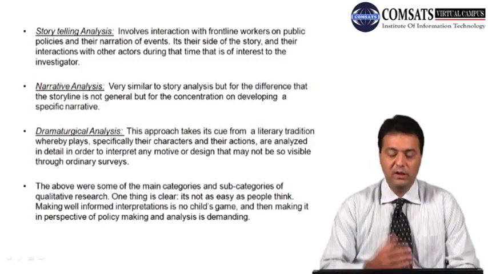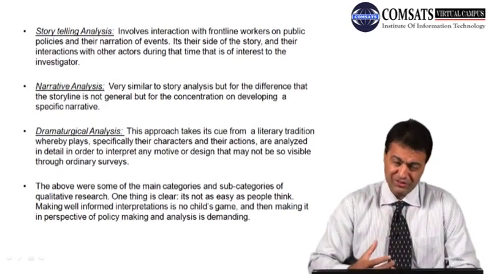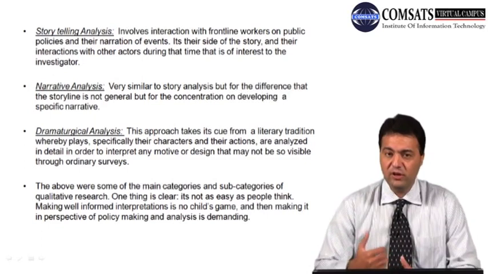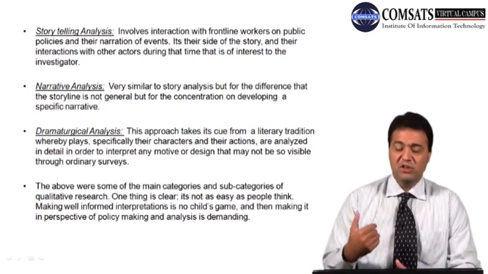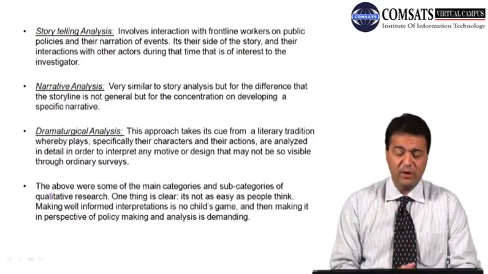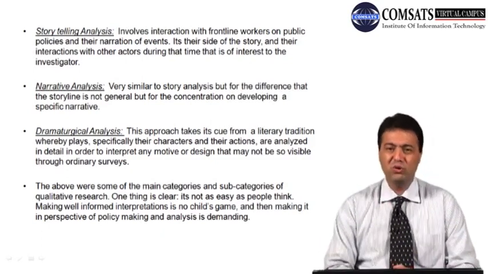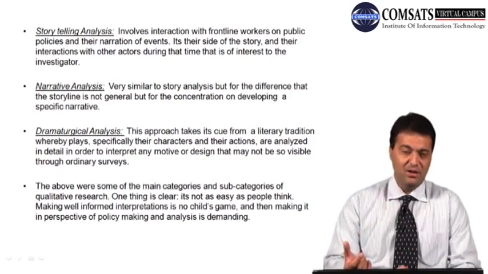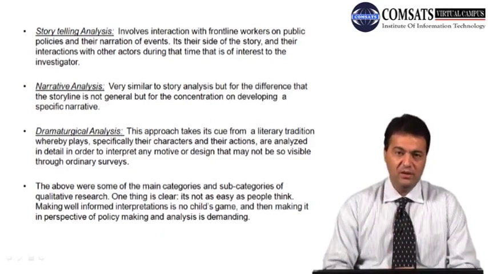What they do is they read all of the script, they read all the characters, their motives, their actions, then try to interpret what Shakespeare was trying to get at. Why did he write the play? Why did he introduce these characters? What was the meaning of a specific line that he wrote in the plays?